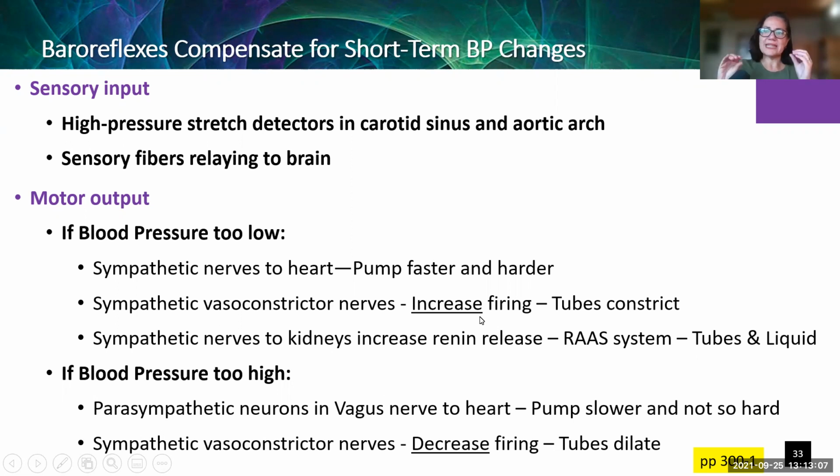To get things to relax, we don't have a comparable parasympathetic stimulation. We still just use the sympathetic nervous system. What happens is we slow down sending the signal that says contract, contract, and so we have decreased firing from those neurons. Same result: the tubes dilate. The smooth muscle relaxes a little bit, which will help bring the blood pressure down.